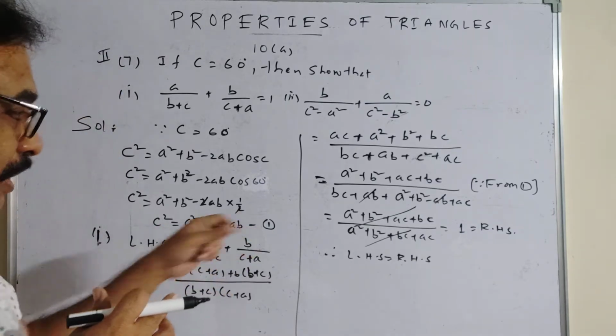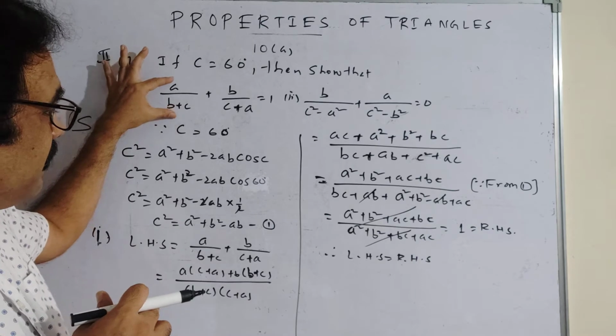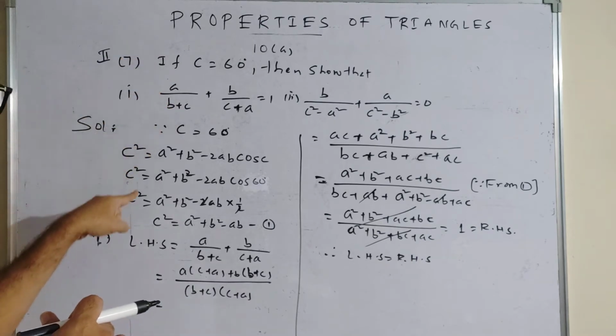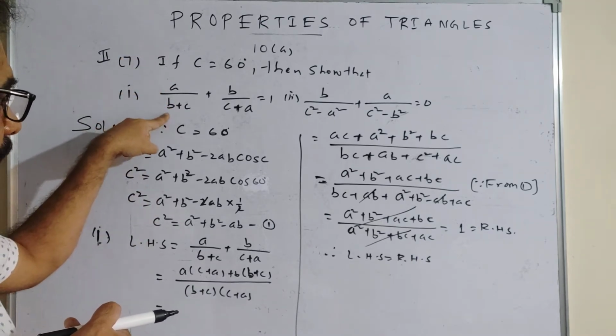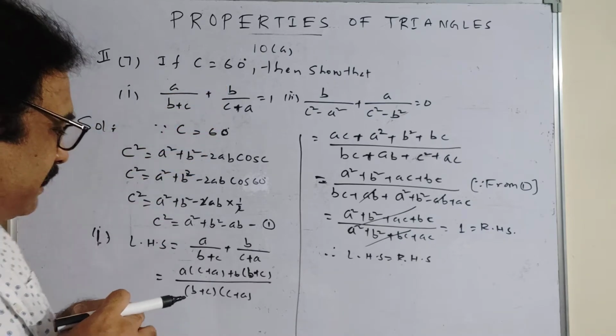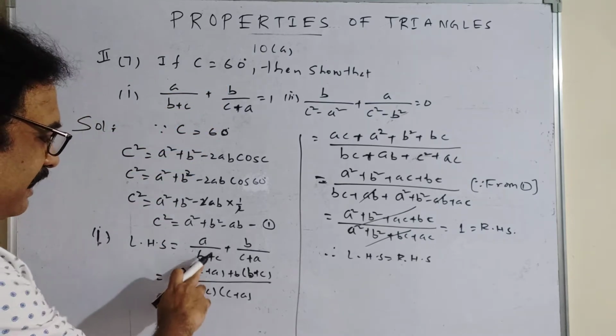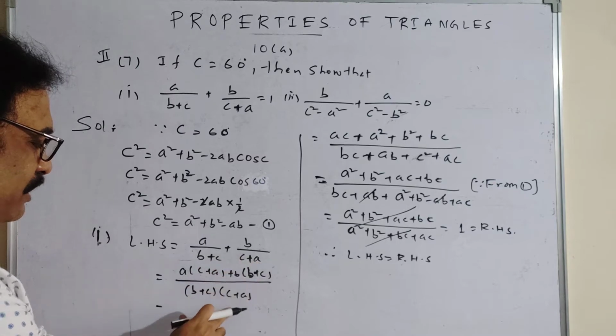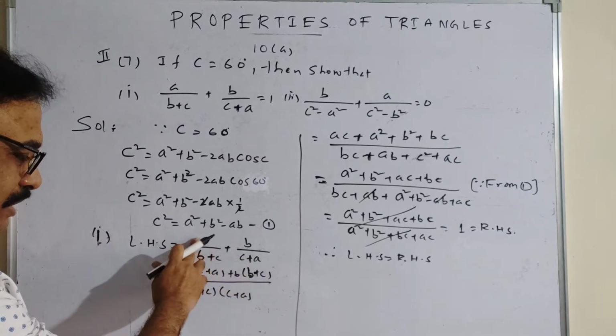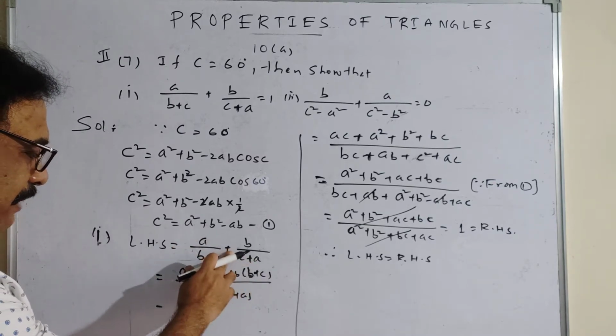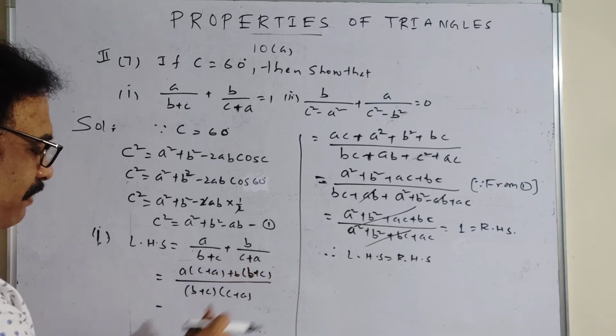Now we are going to make use of this result in the LHS part. Taking LHS, I am taking a by (b plus c) plus b by (c plus a). Upon taking the LCM, I am getting (b plus c) into (c plus a). You just cross multiply it: a into (c plus a) plus b into (b plus c).